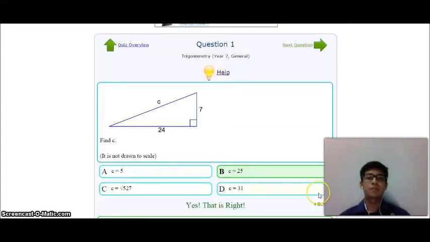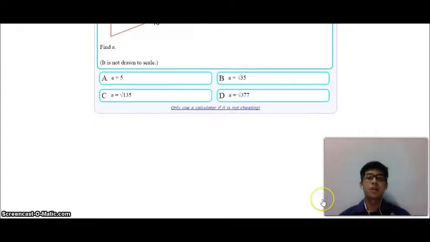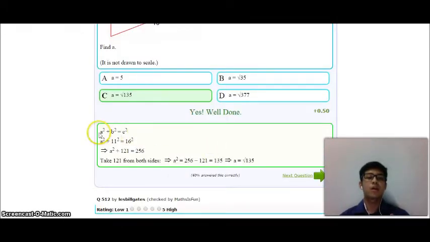I would like to show you the last question on how to solve with the Pythagoras theorem. Here we have another right angle triangle with sides 11 and 16 and an unknown length of side indicated by the letter a. As I calculated before, the answer is this one. This is how to solve this question.